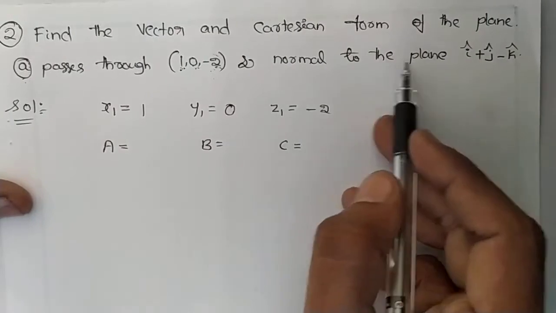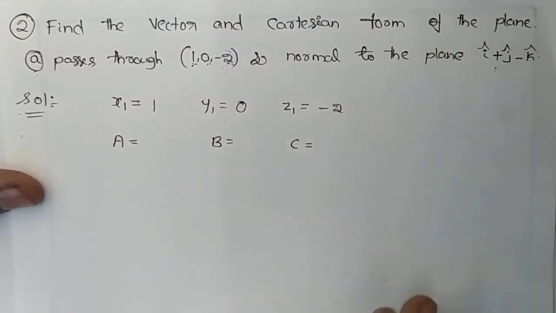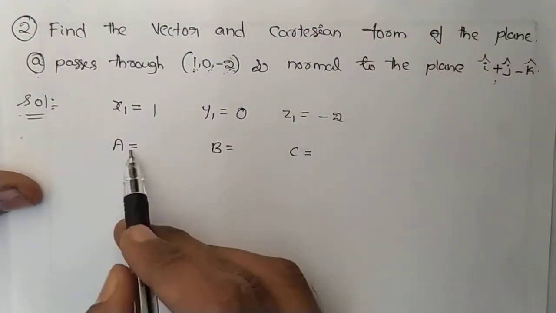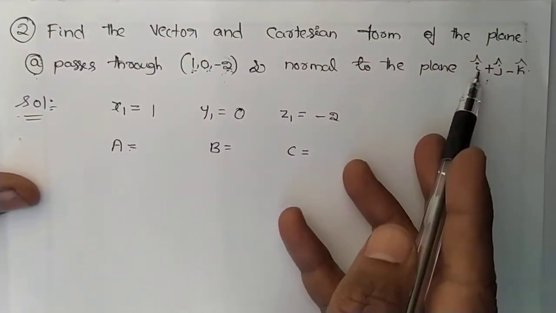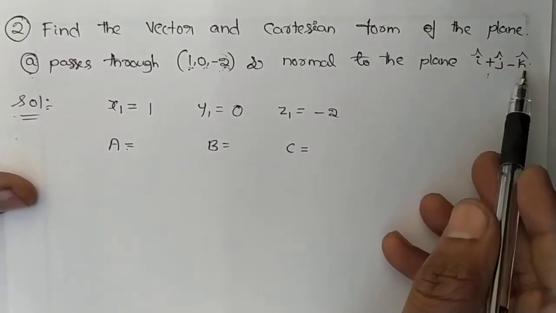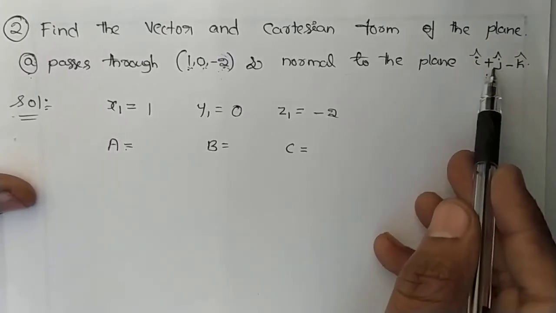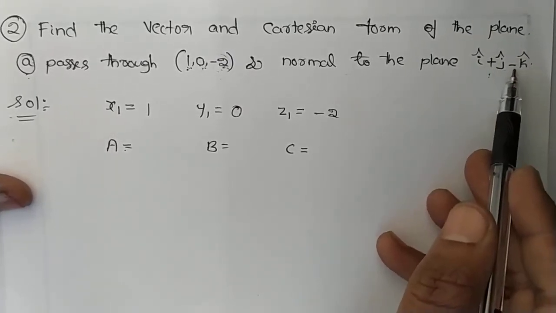Here we have the normal to the plane, i cap plus j cap minus k cap. a is nothing but the component of i, b is the component of j, and c is the component of k. The i component is 1, the j component is 1, the k component is minus 1.